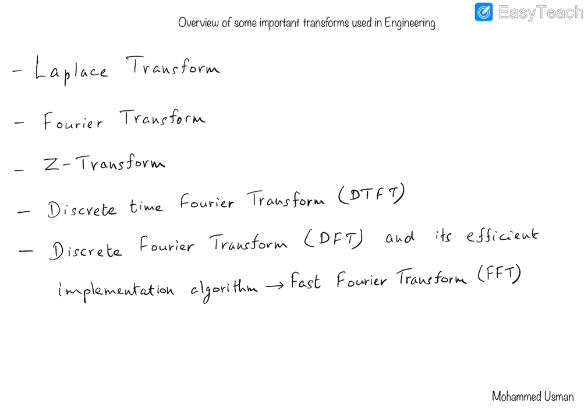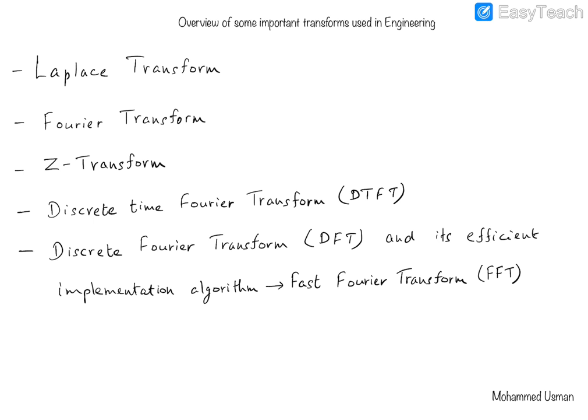And then we'll also talk about the fast Fourier transform, which is not a transform in itself, but it's actually an efficient algorithm to implement the DFT. So we will try to discuss briefly what are all these transforms, and we'll try to also show the link or the relationship between these transforms and how one transform becomes a special case of some other transform.